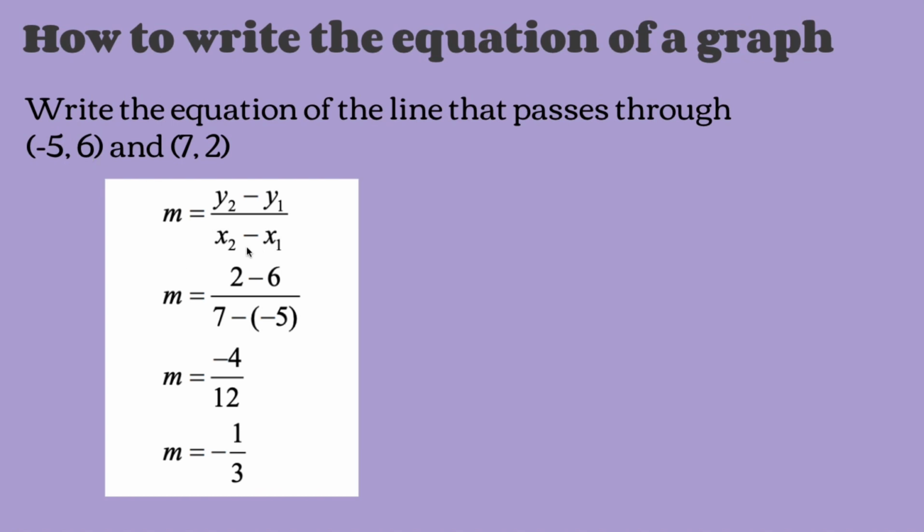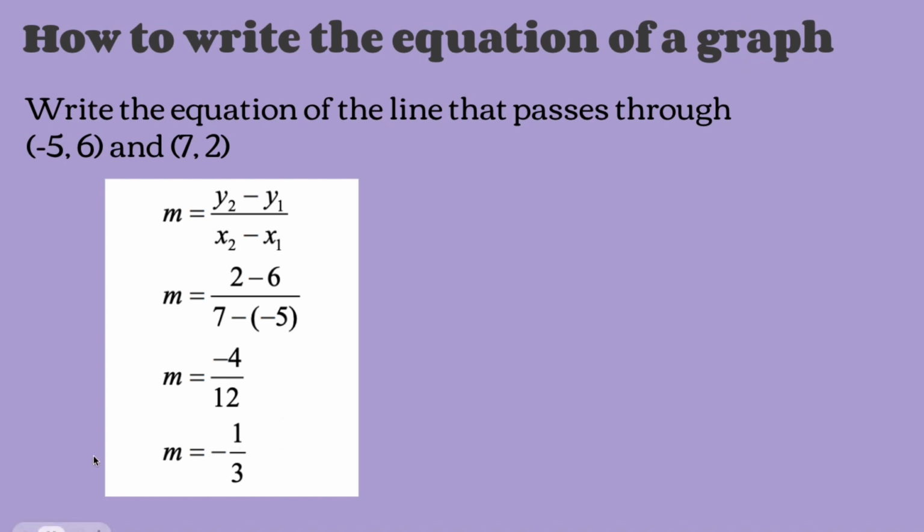So first we have our y2, which is 2, minus our y1, which is 6, over our x2, 7, minus our x1, which is -5. When we solve this, we get -4 over 12, and once that is simplified down, we get -1/3.